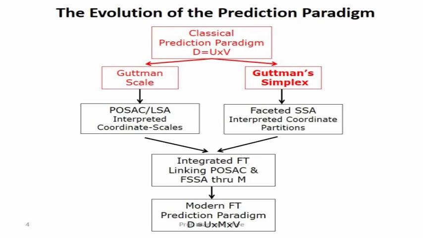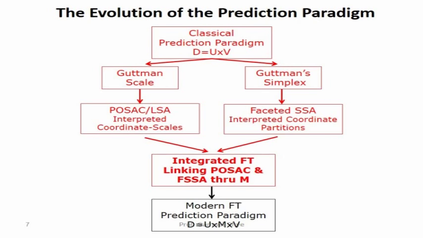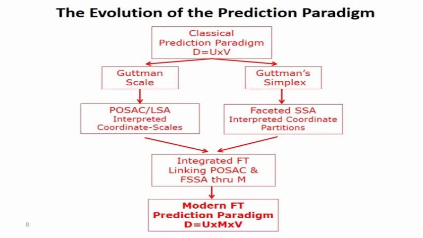Now the Guttman scale evolved to POSAC, partial order scalogram analysis, with an interpretation of the coordinate scales. Guttman simplex, on the other hand, progressed to the faceted SSA, interpreted coordinate partitions. Both together yield the integrated facet theory linking POSAC and SSA through M, that matrix that links the two kinds of factors, and to yield D equals U times M times V.